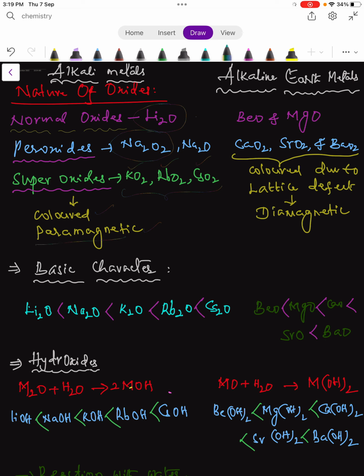Coming to the alkaline earth metals, if we consider beryllium oxide, magnesium oxide, calcium oxide, strontium oxide, and barium oxide, beryllium and magnesium form simple oxides, whereas calcium, strontium, and barium form peroxides.